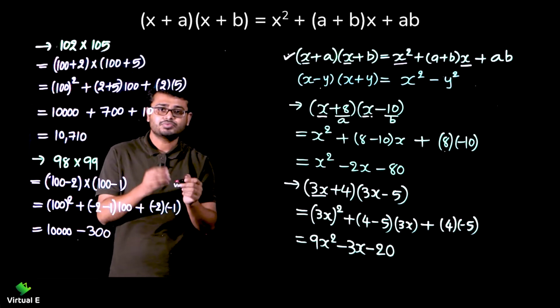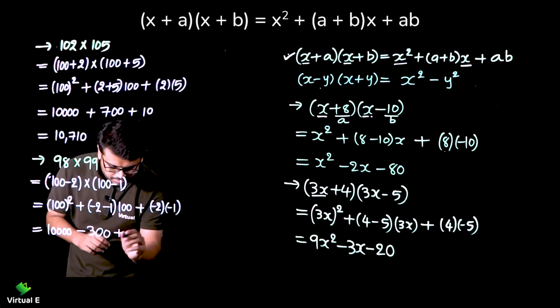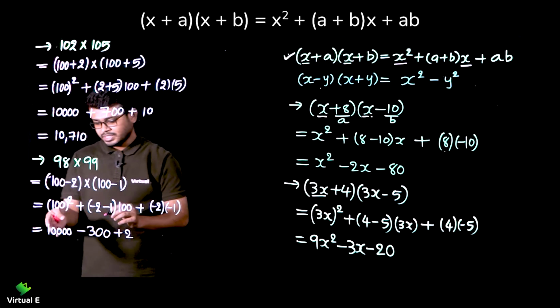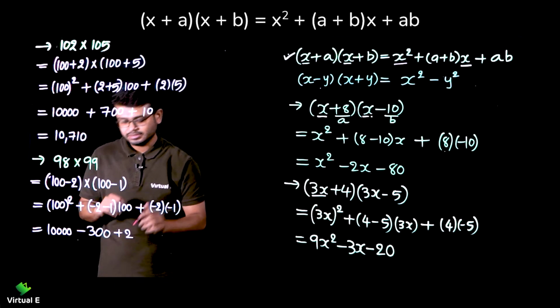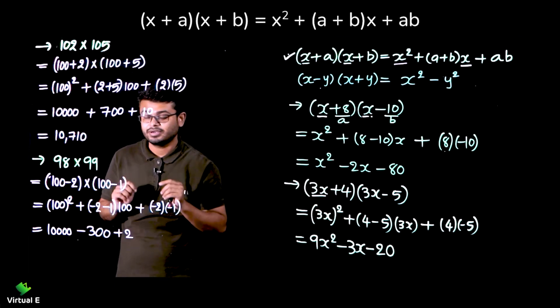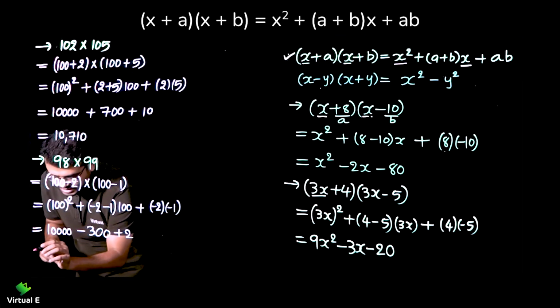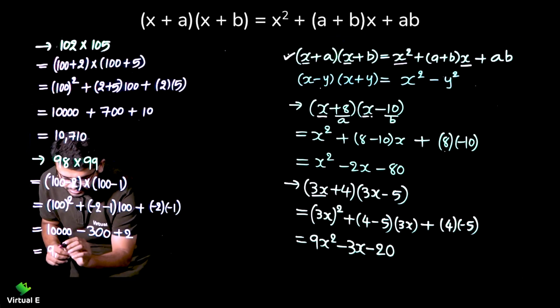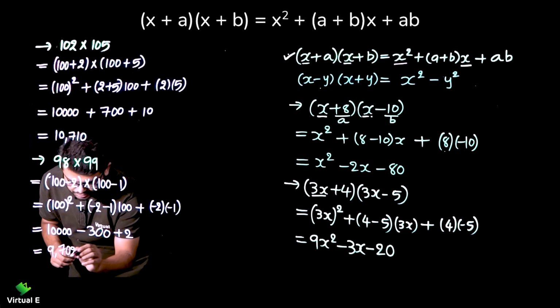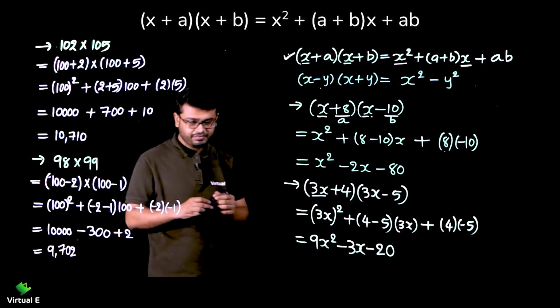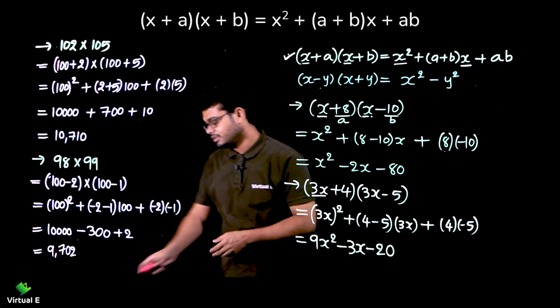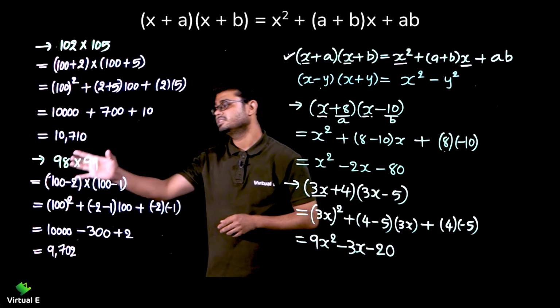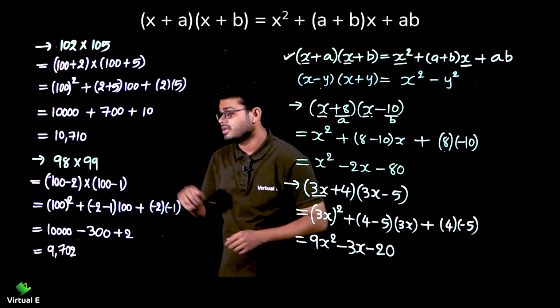Minus 2 and minus 1 is positive, so plus 2. So 10,000 minus 300 is 9,700 plus 2. So the answer is 9,702. Simple. We get the answer without actually multiplying these two numbers.